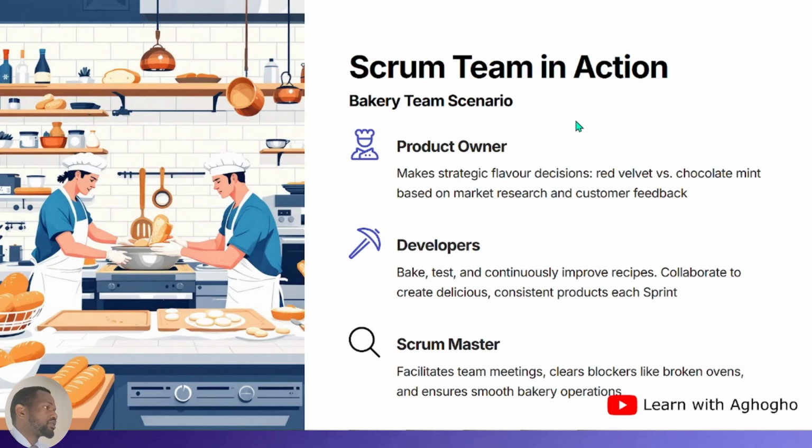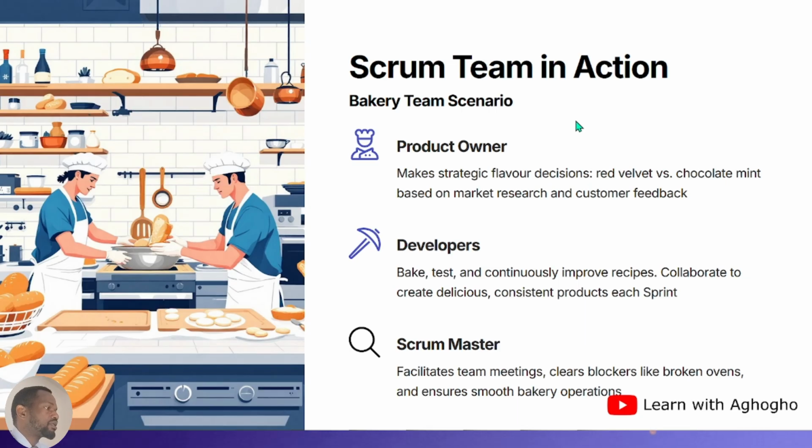Scrum team in action. The bakery team scenario. So the product owner makes strategic flavor decisions, red velvet versus chocolate mint, based on the market research and customer feedback that they've got.